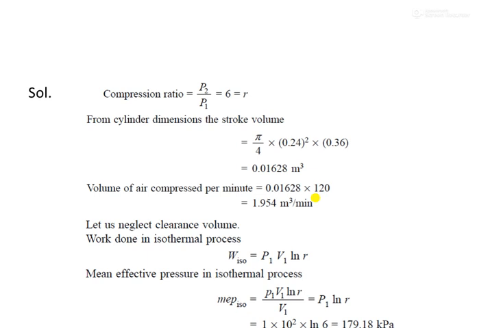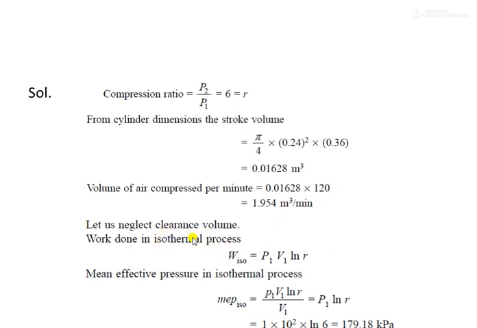So if it would have been double acting, here we would be multiplying with 2, right? But it is single acting, so in one revolution it is giving only one stroke. Double acting gives 2 strokes per revolution, so since it is single acting, we'll be considering this much stroke volume into 120 rpm. So this much will be the volume of air compressed per minute, right?